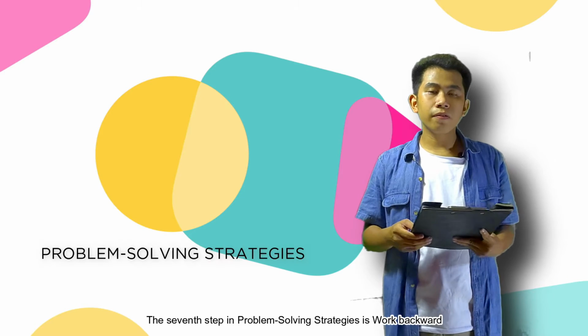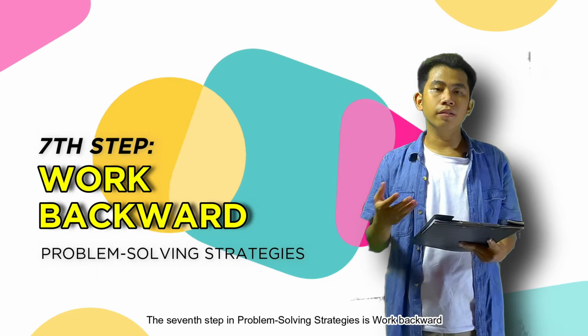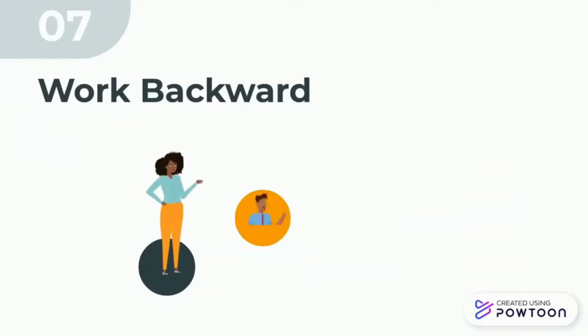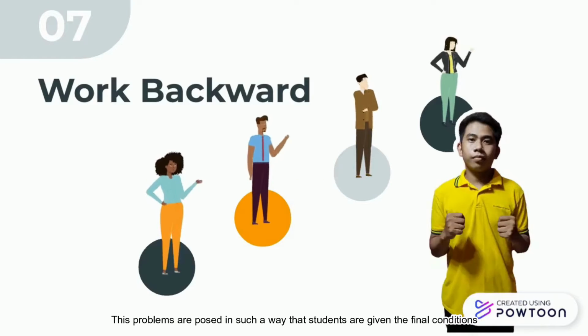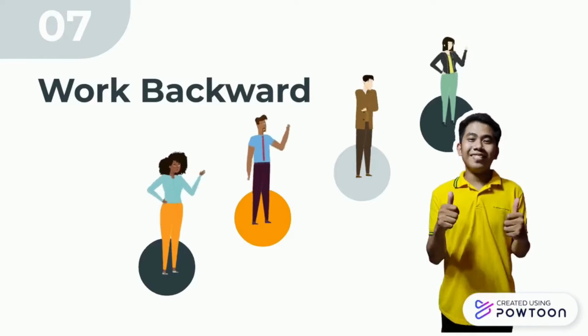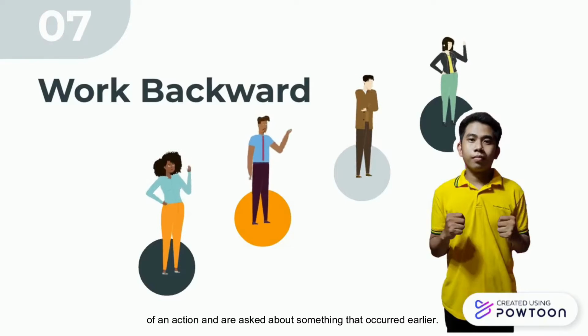The seventh step in problem-solving strategy is work backward. These problems are posed in such a way that students are given the final conditions of an action and are asked about something that occurred earlier.